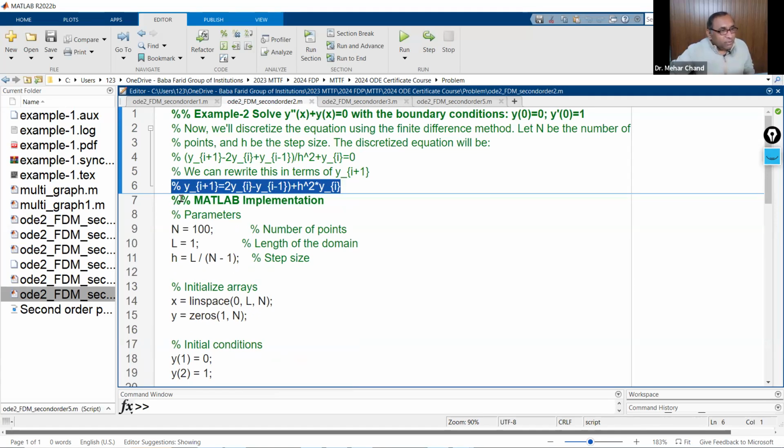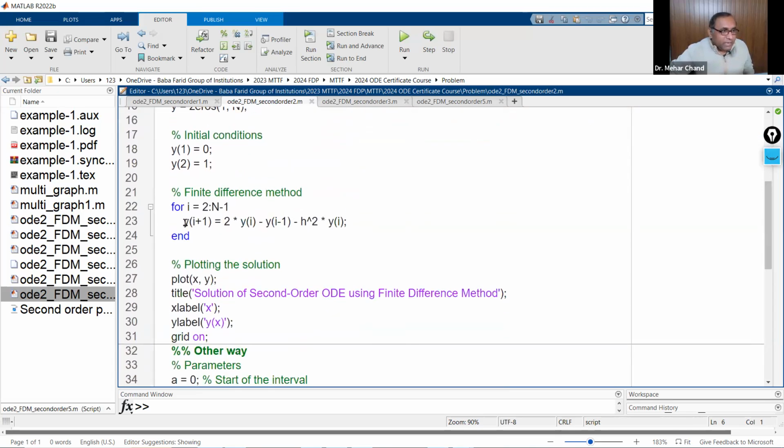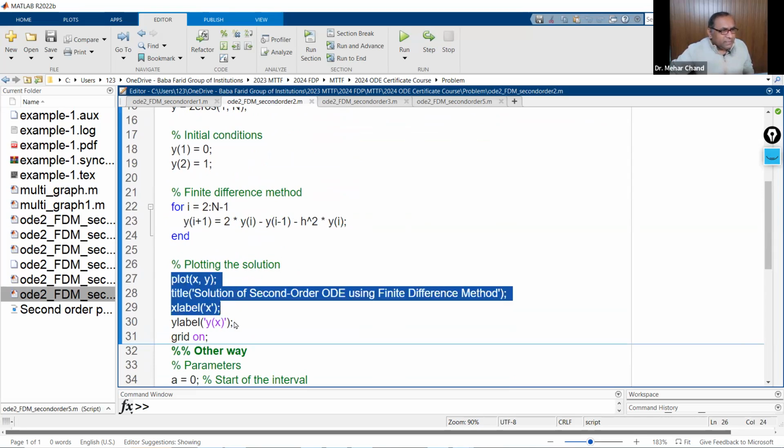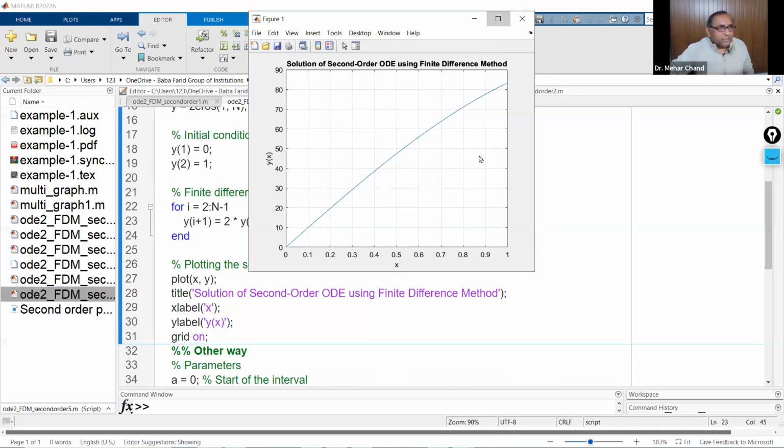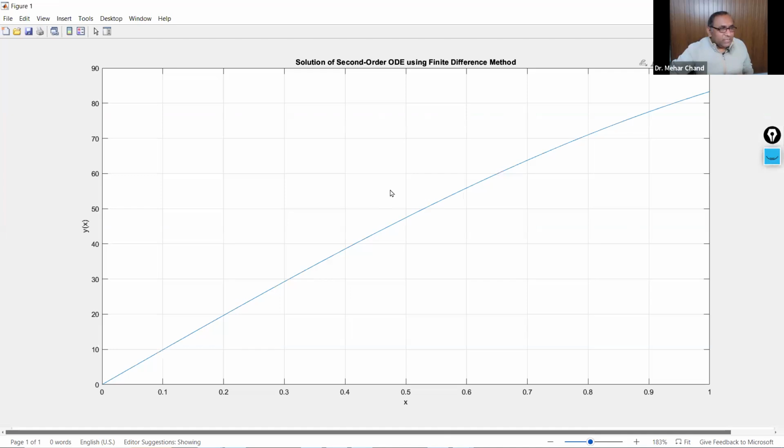We just convert this equation into MATLAB syntax. The other parts are the same. And when you execute this section, you can find the solution of this second order differential equation.